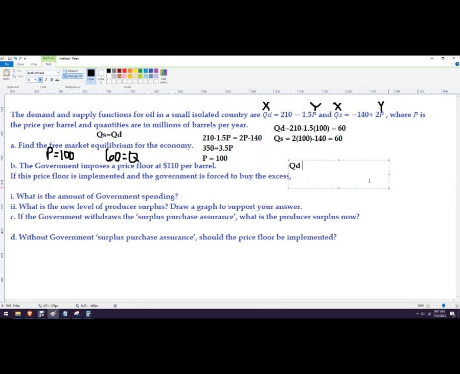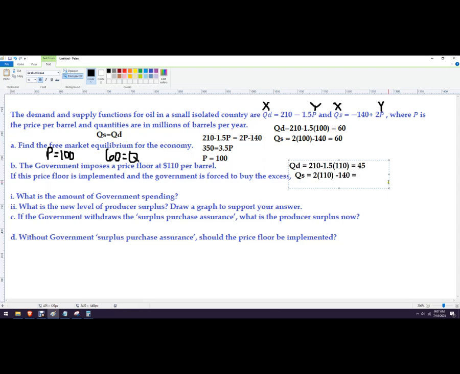So how many of the buyers want to buy at that higher price? So 210 minus 1.5 times 110 there. Okay, and this answer here, because I did this earlier, that's 45. So that's the quantity demanded. And then the quantity supplied is 2 times 110, our new price, minus 140.